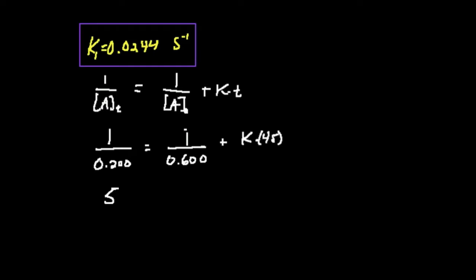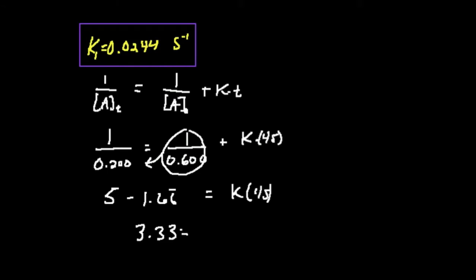We're going to subtract this fraction over here. So it's going to be minus, what is 1 divided by 0.6? Turns out it's 1.66 repeating, or 1.67. And that's equal to K times 45 seconds. So we're going to do 5 minus 1.666 repeating, and we get about 3.33 is equal to K times 45.